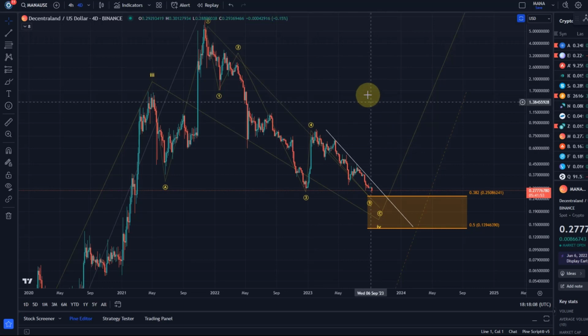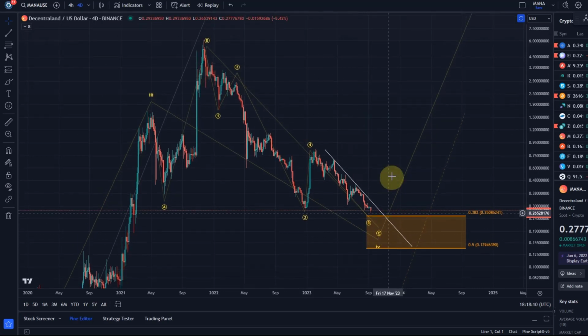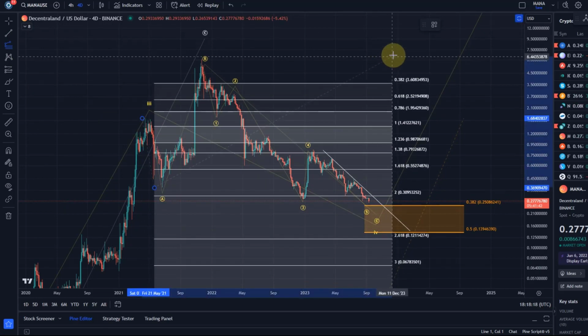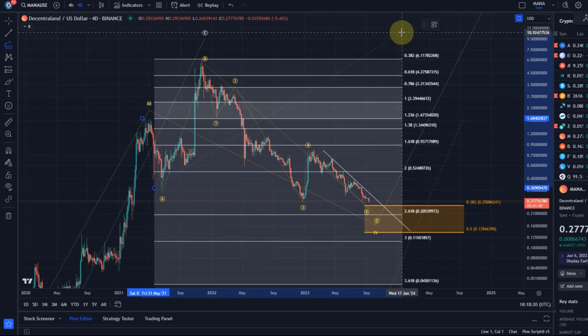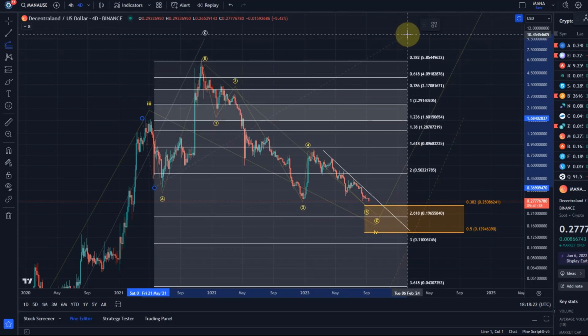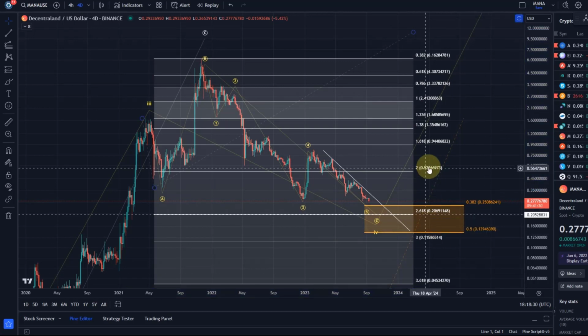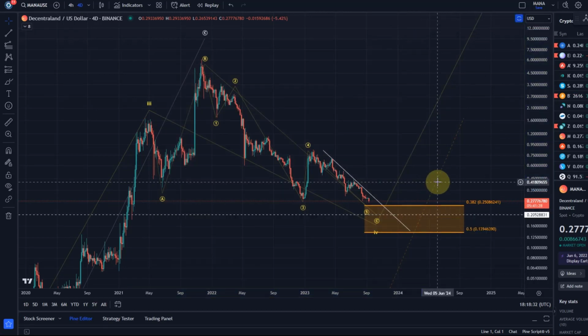Target for the C wave in yellow. How can we calculate that? Well, we can take the length of the A wave, go to the high of the B wave, and the only real fib level that's left from an extension point of view that we could use here is the 2.618 extension at 20.7 cents. So that's an additional level of interest to watch.